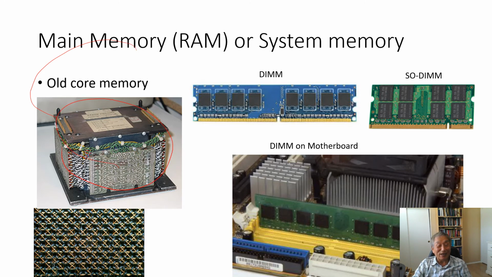So here's an example of this one, an old core memory. I just dug out those pictures from the website. Those were the good old days when I was working with computers, when we used this kind of memory. It's a core, so one bit is inside there.